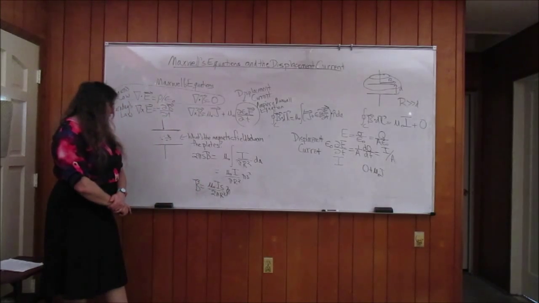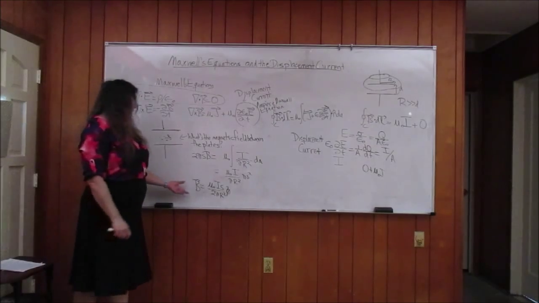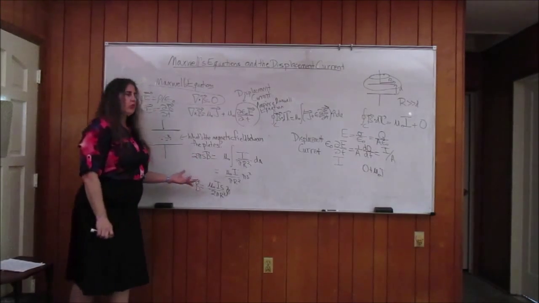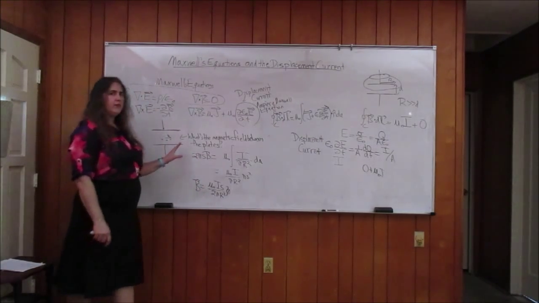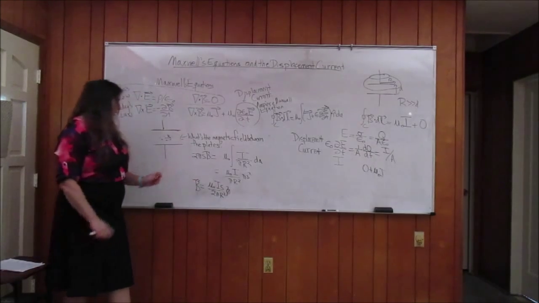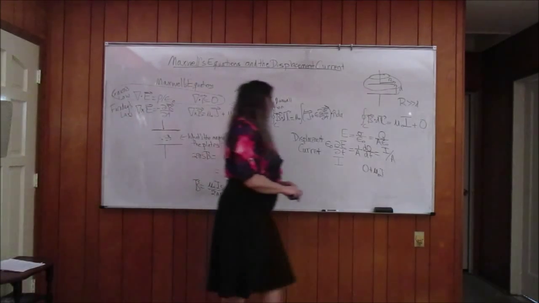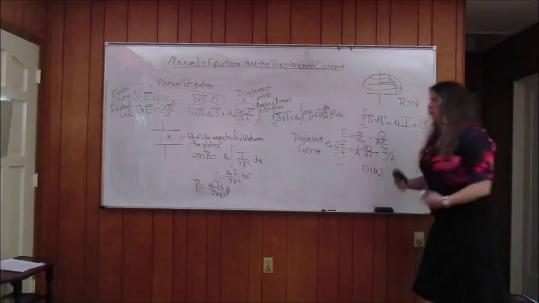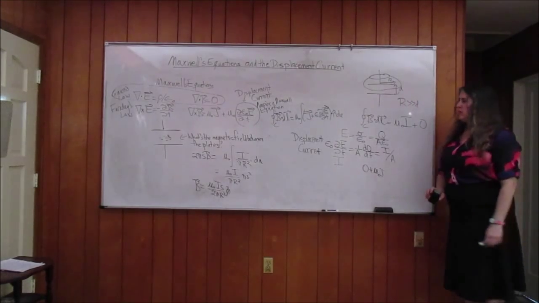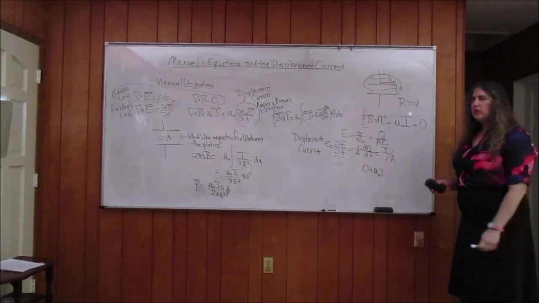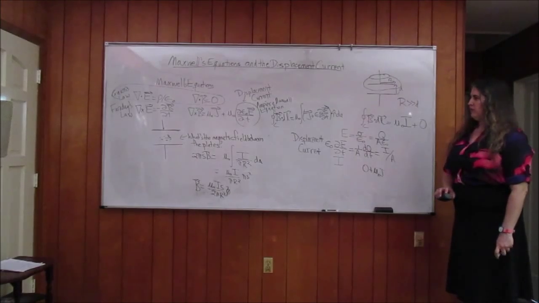Okay, so if you want to think about a first order calculation here, we are making a lot of assumptions about it. So maybe there's your answer. In a sense, we're treating the displacement current as electromagnetically equivalent to a conduction current.